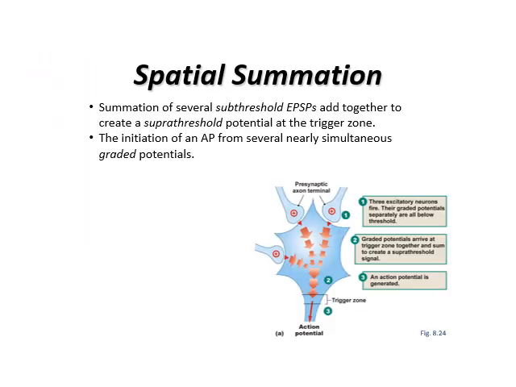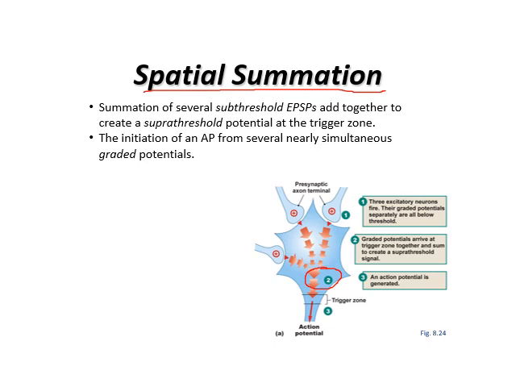Okay, and so how do all these values add up? We can get spatial summation of graded potentials. This is where we have 3 different neurons coming in, talking to this neuron, and they're all excitatory. If we get a signal from all 3 of these almost exactly at the same time, simultaneously, as they travel through the cell, eventually they will meet up at the trigger zone, and these can be summed.